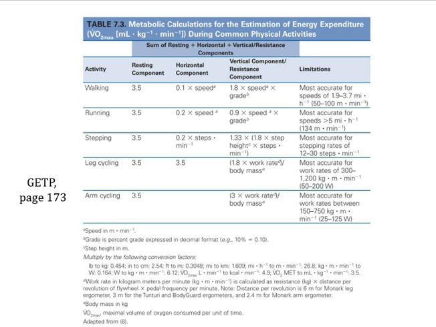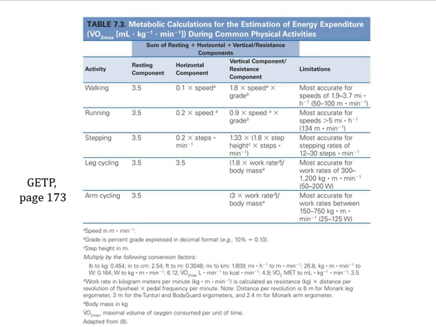The horizontal component is your resistance as you travel across a horizontal surface, the amount of frictional component, the amount of energy that it takes to overcome that. So there's a constant number times your speed, and we'll talk about converting your speed to meters per minute. And then the vertical component or the resistance component: if you're walking or running, it's your flight.